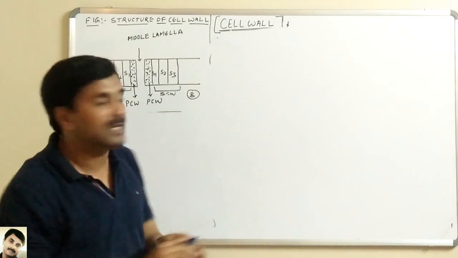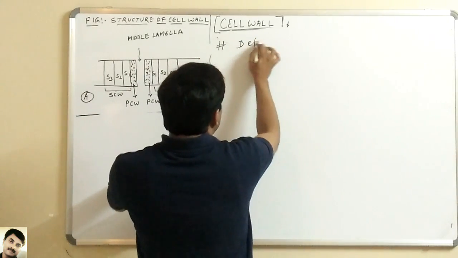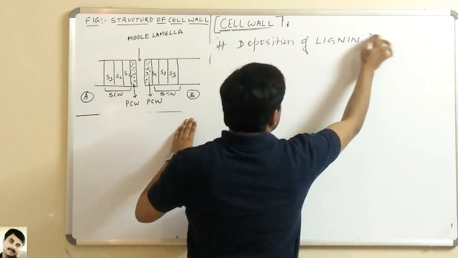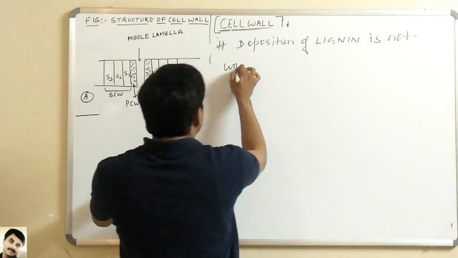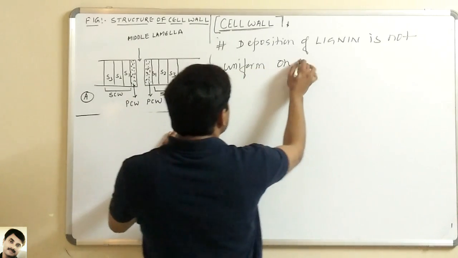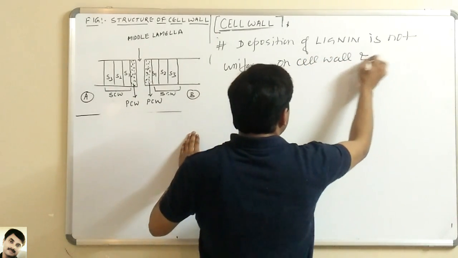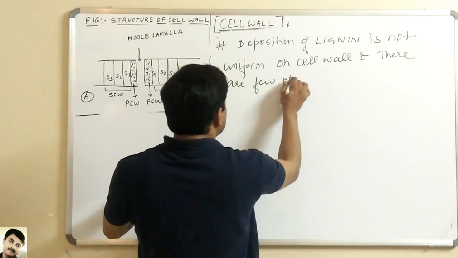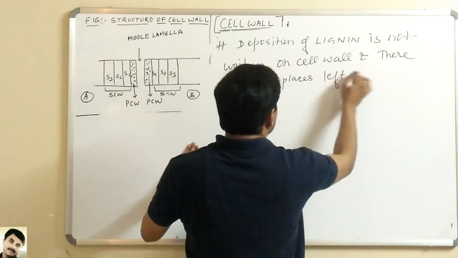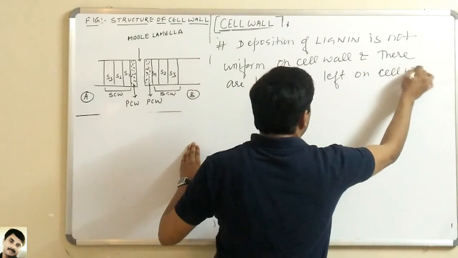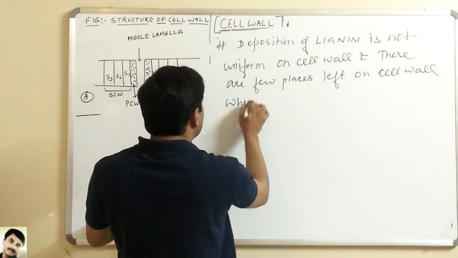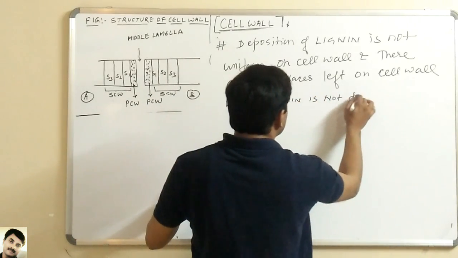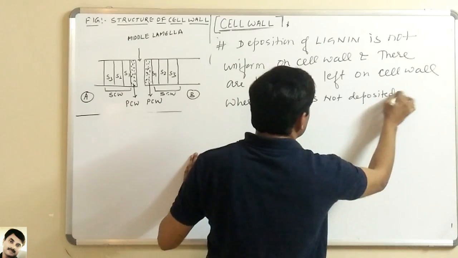But the deposition of lignin, here I am writing, deposition of lignin is not uniform on the cell wall, and there are a few places left on the cell wall where lignin is not deposited.